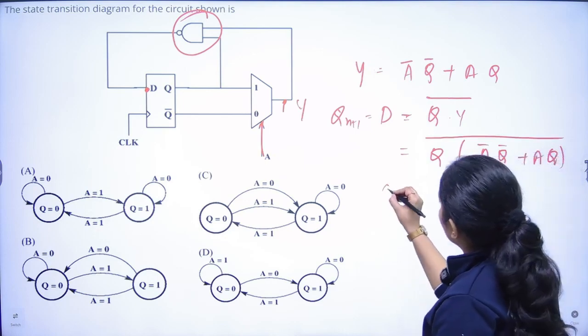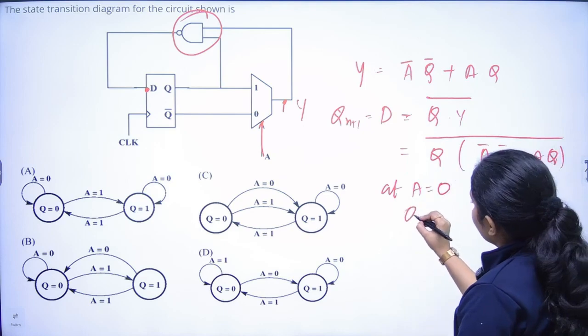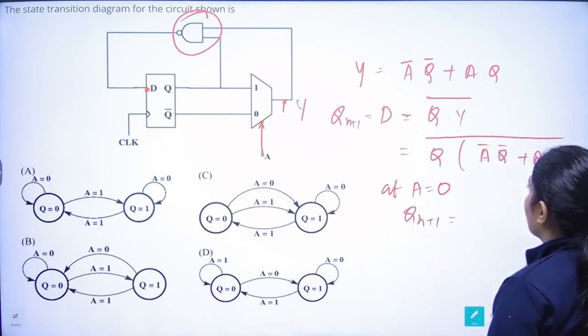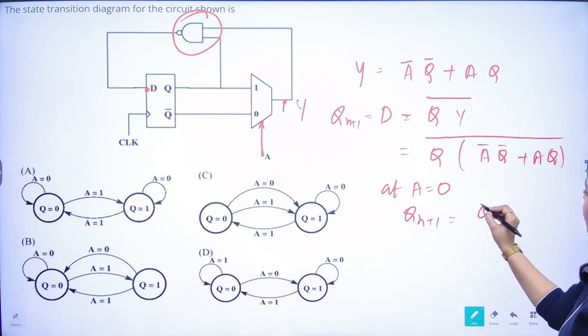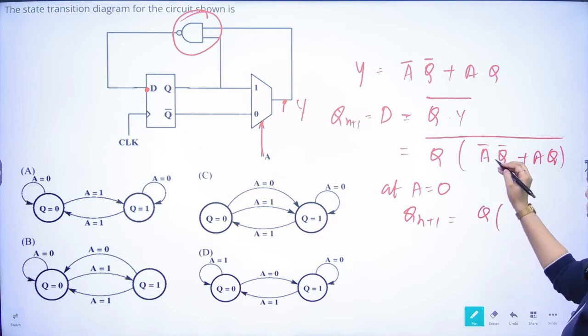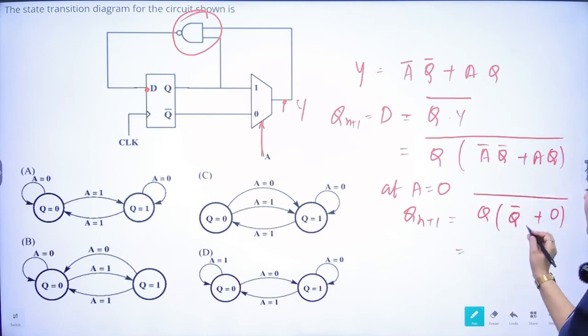So at two different levels. When A is equal to 0, the next state Qn plus 1 will be equal to what? When A equals 0, this will become 1 and this will be Q bar, plus this will be 0. So Q into Q bar will be equal to 0.